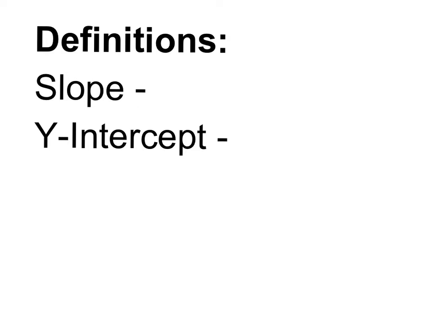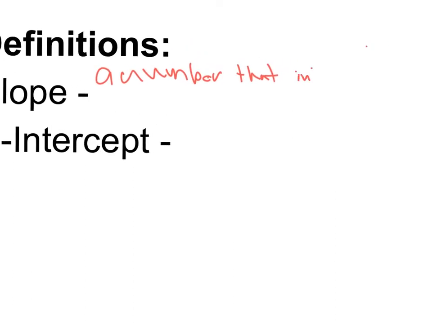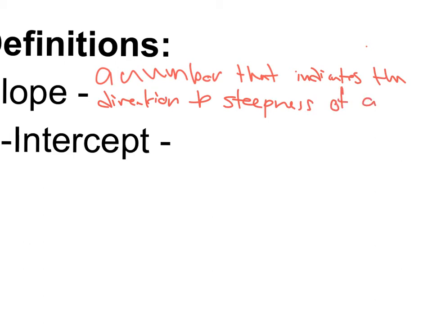Okay, so slope is a number that indicates the direction and steepness of a graph. Okay. So slope is a number. It indicates the direction and steepness of the graph. Sorry about the handwriting.